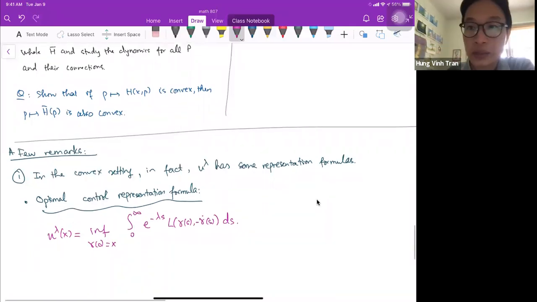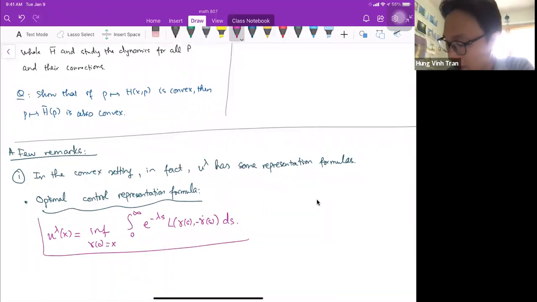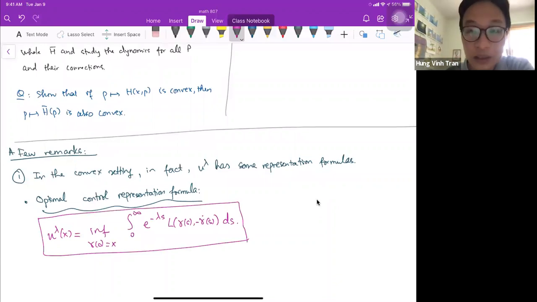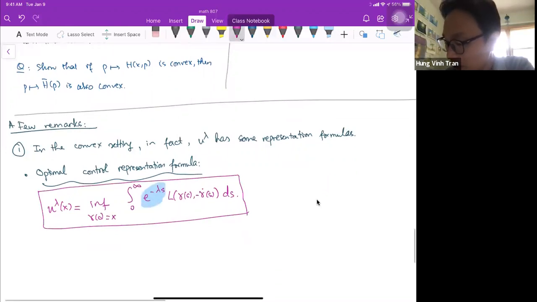So this is why the problem is very famous, because it has a lot of practical uses in general. This is the so-called discount term, the discount factor, and this is also the problem in the infinite horizon setting.